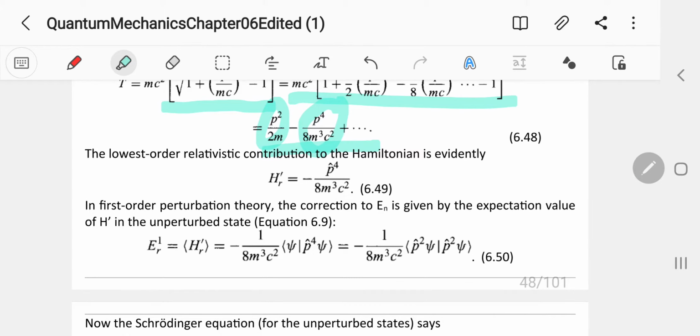So Er1 would just be the expectation value of Hr prime, and that would be this one. And of course p, the momentum operator, is always Hermitian, so you can put it here, the p squared.